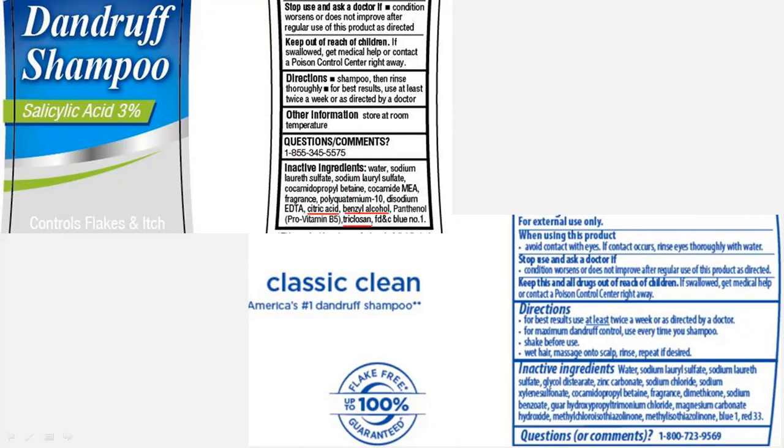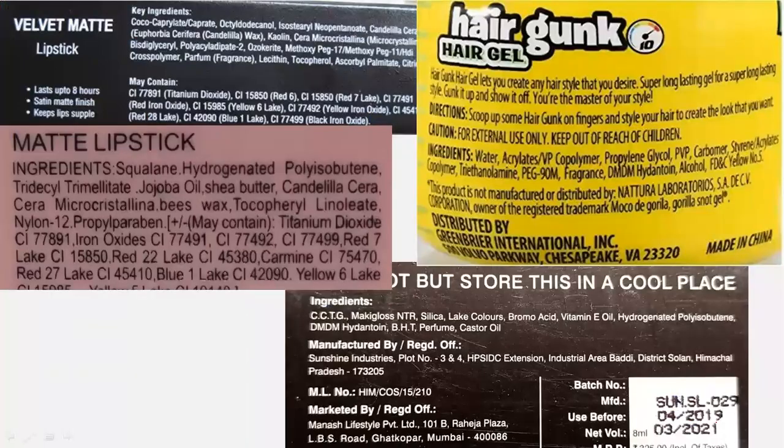Triclosan is also a preservative. So three preservatives have been used in one of the shampoo, and in another shampoo, methyl chloroisothiazolinone, methyl isothiazolinone. So these are the two preservatives that were used. Let us see another example of cosmetic product like lipsticks, hair gel.